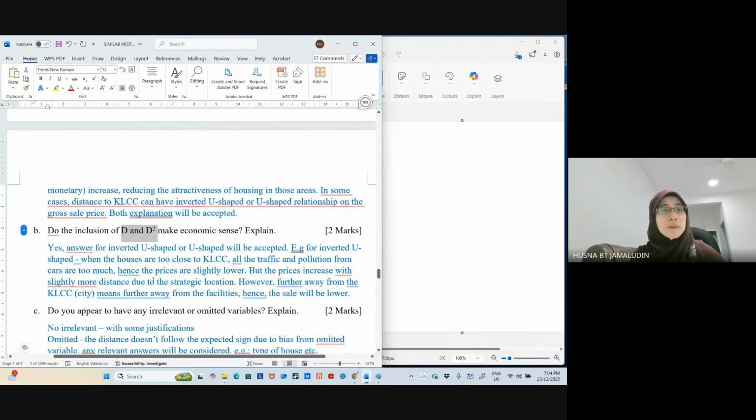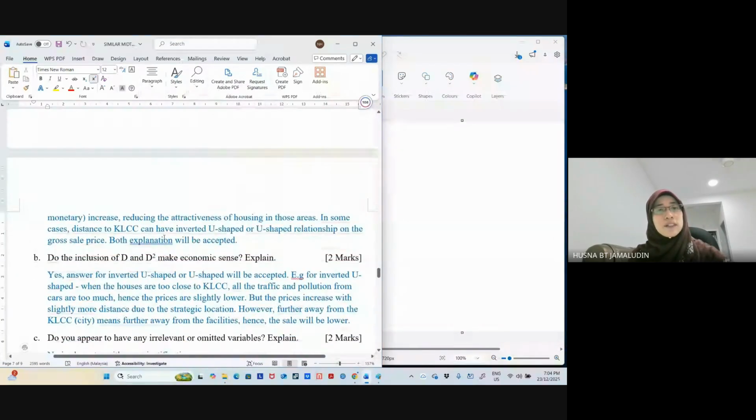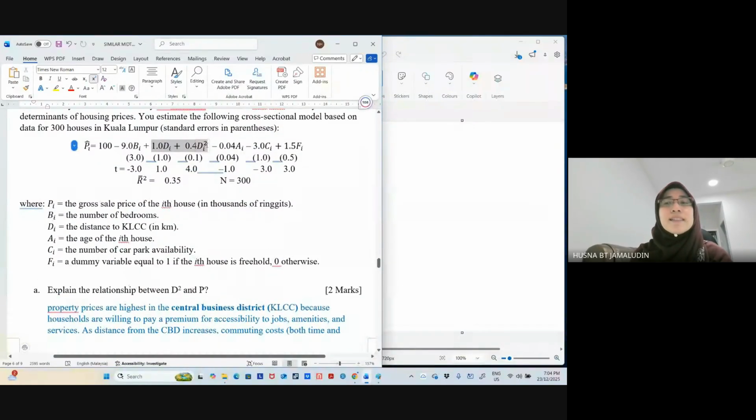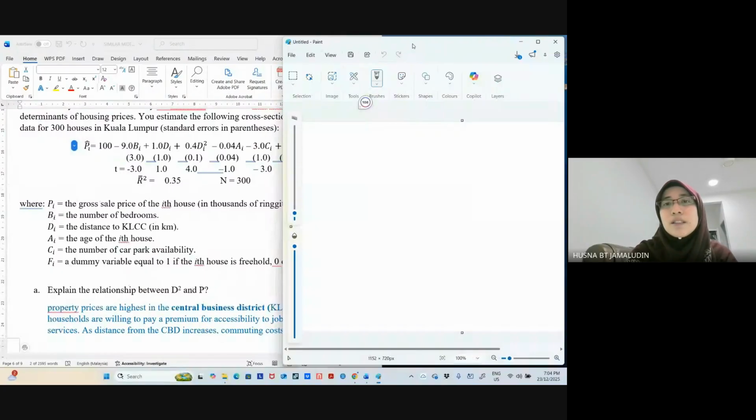So you just have to explain whether D squared is making sense, because when you have D squared, you will have U shape or inverted U shape. So does it make sense? You have these two, right? Distance. Okay, let me just draw the diagram.